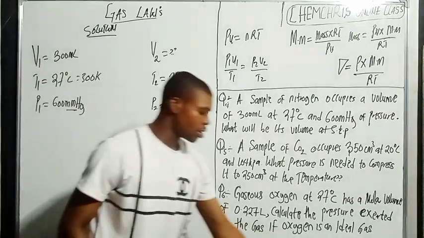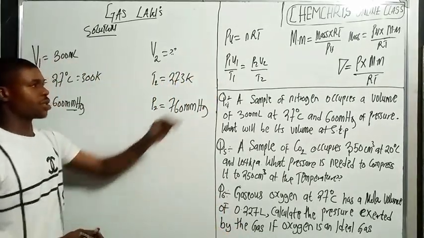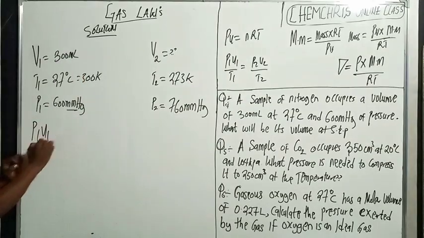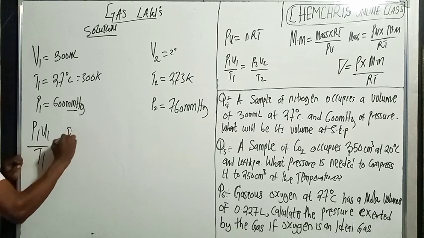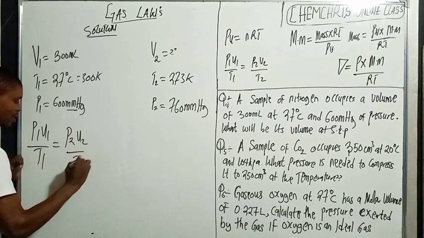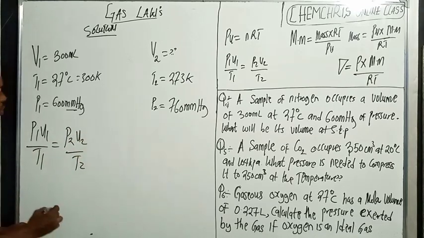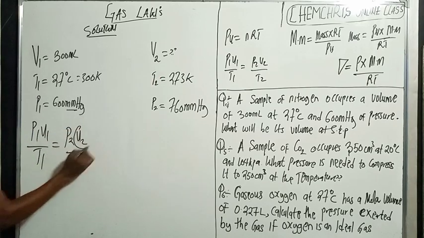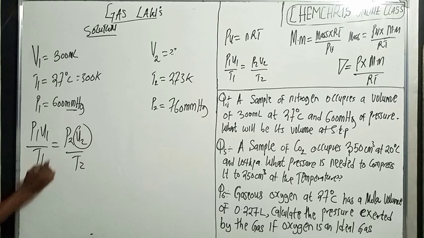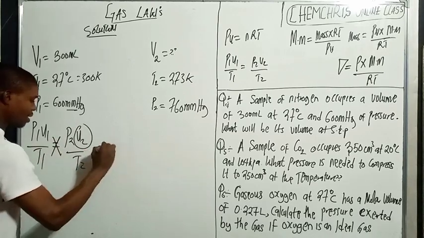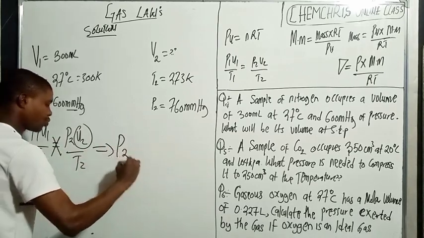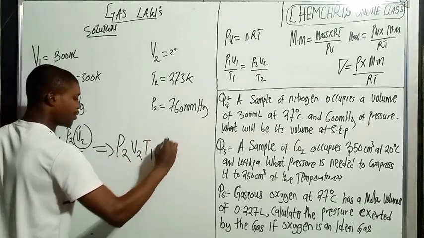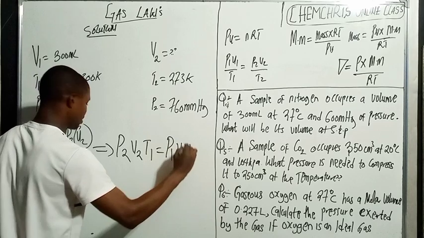So we have to use the general gas equation, which is this one here. P1 V1 over T1 equals P2 V2 over T2. Can you see that? What I want to do is make V2 the subject of the formula. When you cross multiply, you get P2 V2 T1 equals P1 V1 T2.